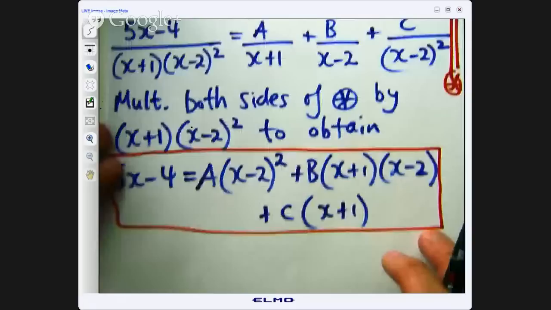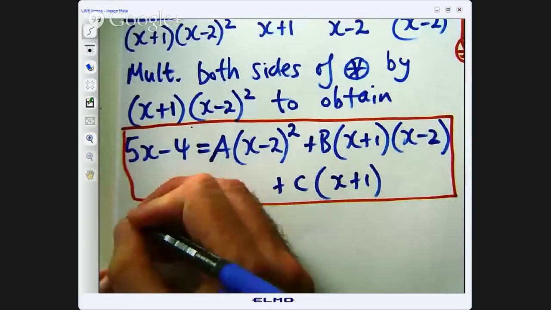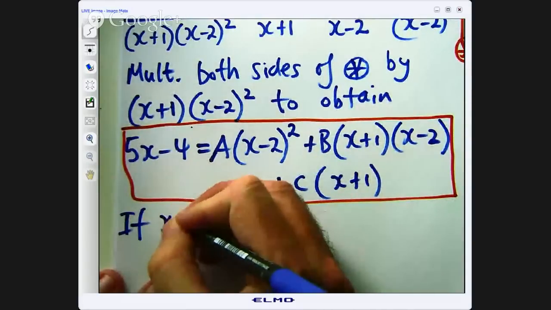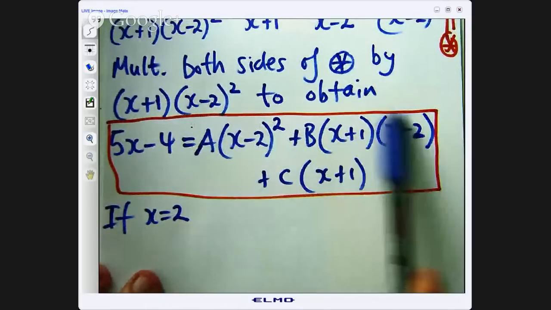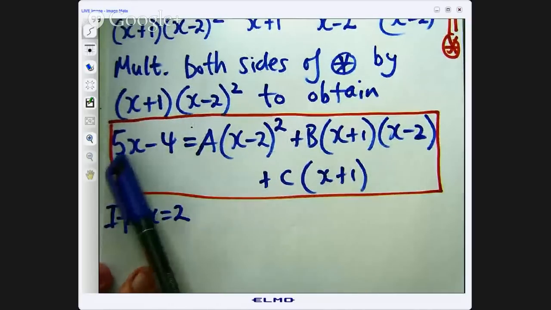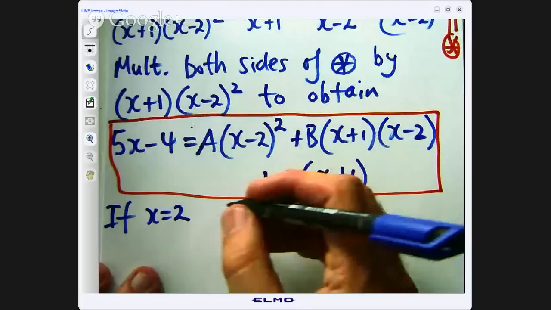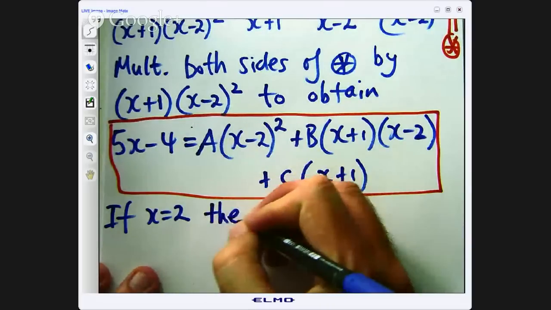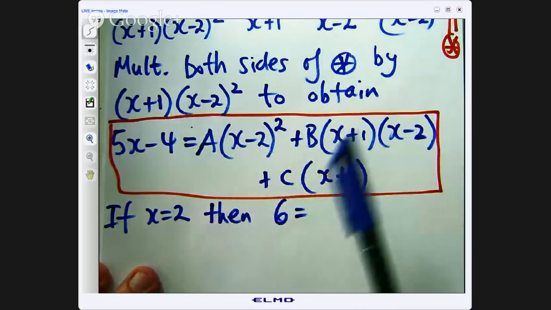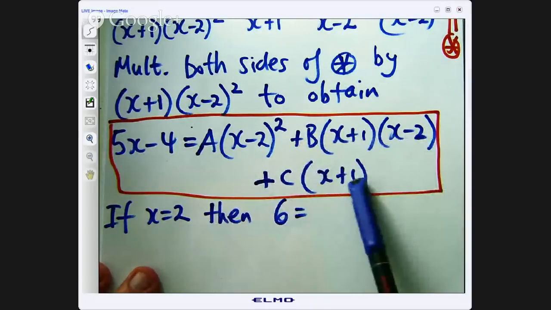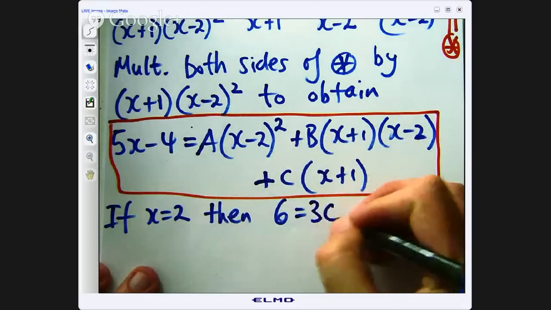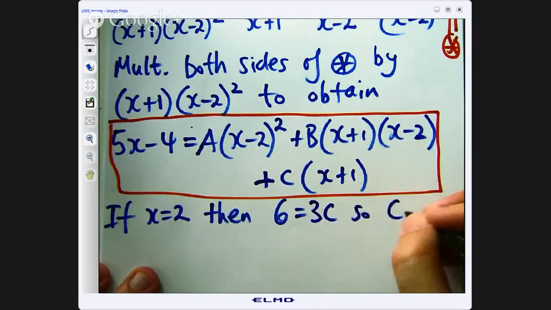Okay, so let's plug that in. So if x equals 2, that'll disappear, and I'll be left with this. The left-hand side will be 10 minus 4, which gives you 6. And on the right-hand side, I'm going to have 3 times c. So c is 2.